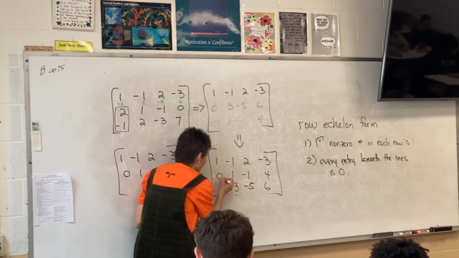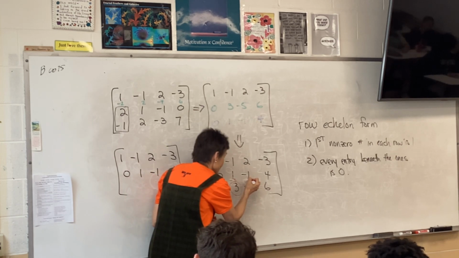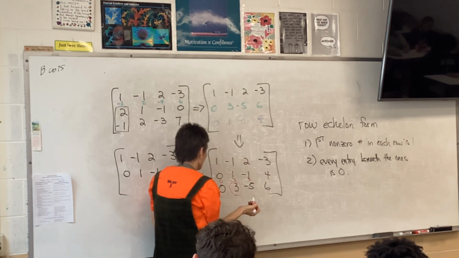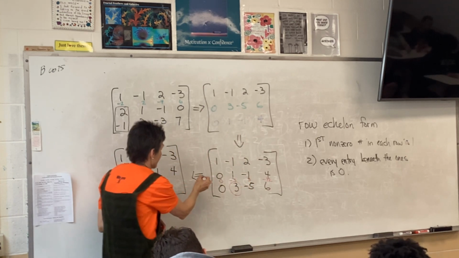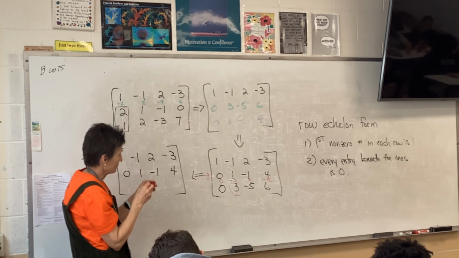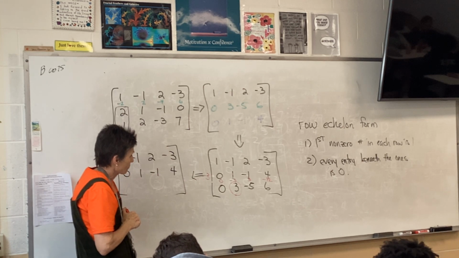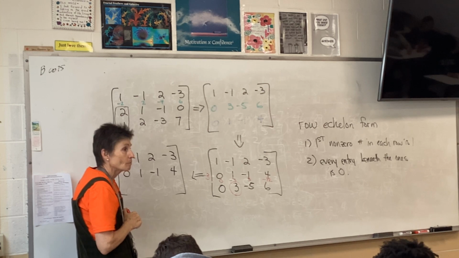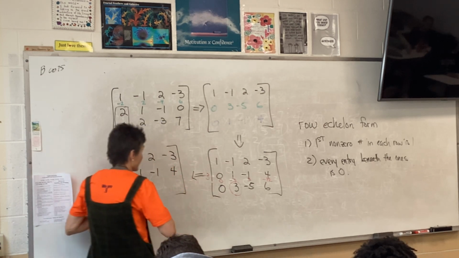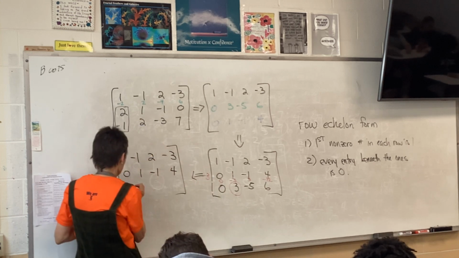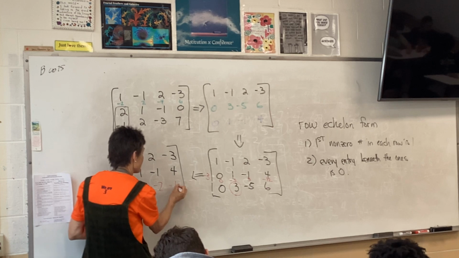So 0, -3, 3. What did I multiply by? -3, -12. Are we okay? Now, what do I get on my bottom row then? I get 0, 0, -2, -6.